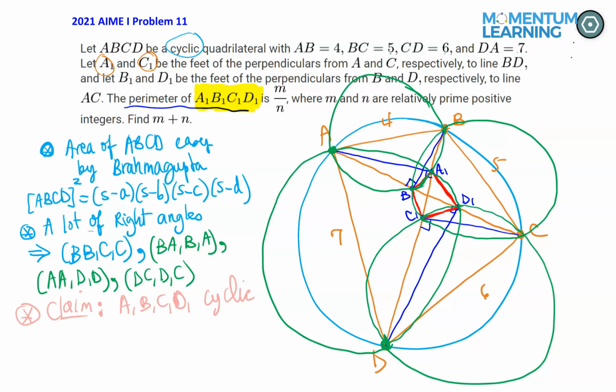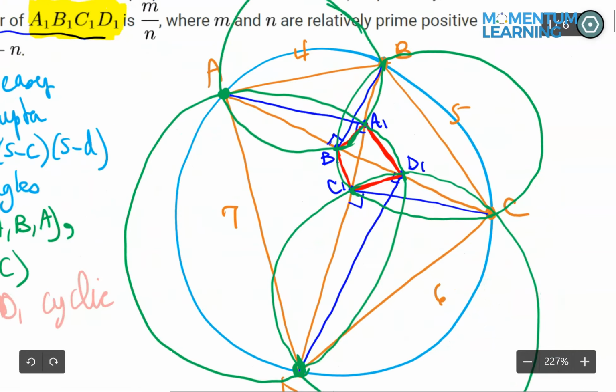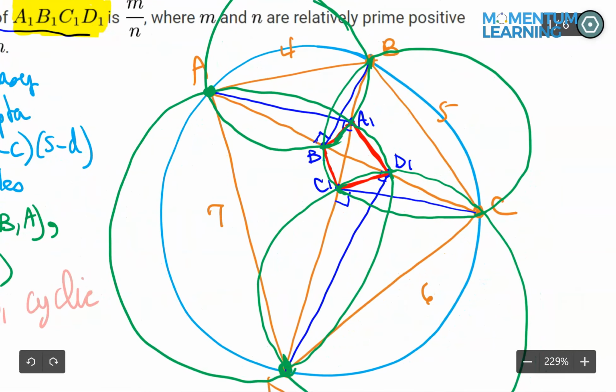For the time being, let's quickly go over the idea of a cyclic quadrilateral. So we need to chase some angles. Maybe I can make the picture a bit larger so you guys will have a better view. The key idea of chasing angles when you have a bunch of cyclic quadrilaterals like this is to navigate between circles. You should be able to transition from one circle to the next and so on.